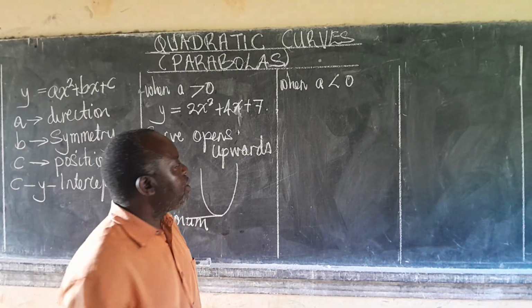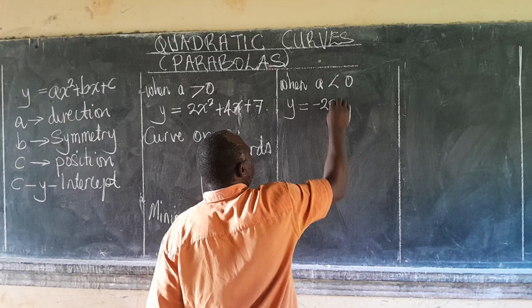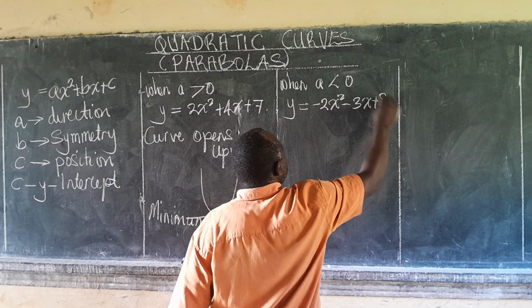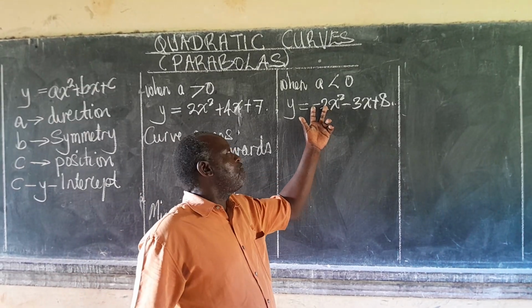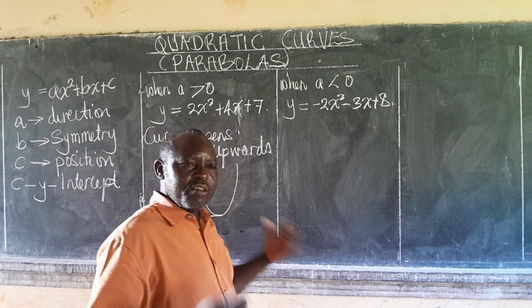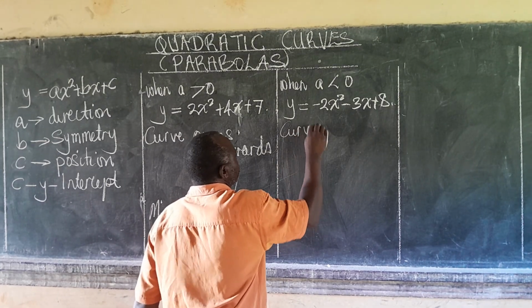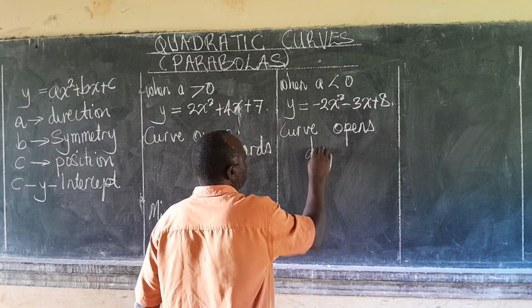So we can have, for example, y equals negative 2x squared minus 3x plus 8. For this case, A is negative, so it is less than 0. Therefore, the curve opens downwards.